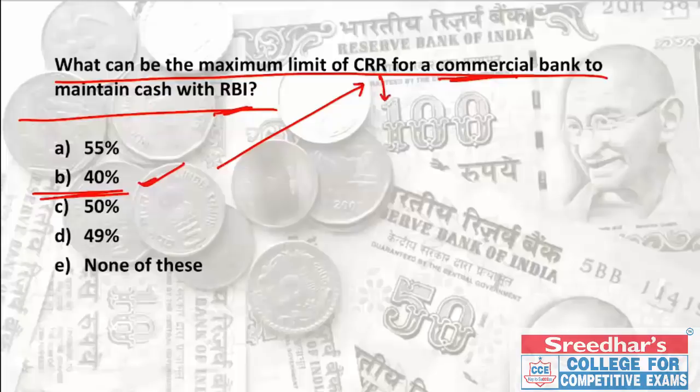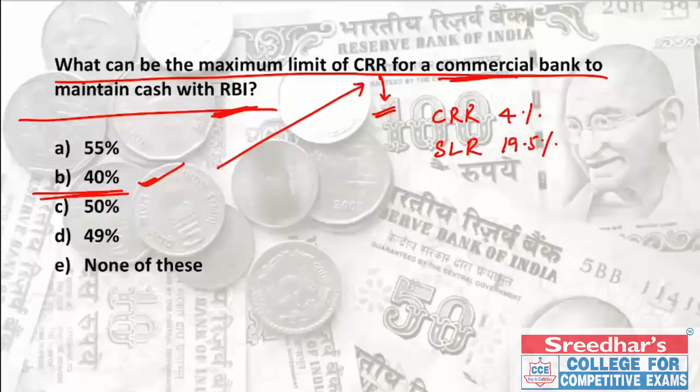CRR is a cash reserve ratio that is to be maintained by the banks in the RBI in the form of cash. So what is the present CRR? The current CRR, cash reserve ratio, is 4% and the current SLR, statutory liquidity ratio, is 19.5%.